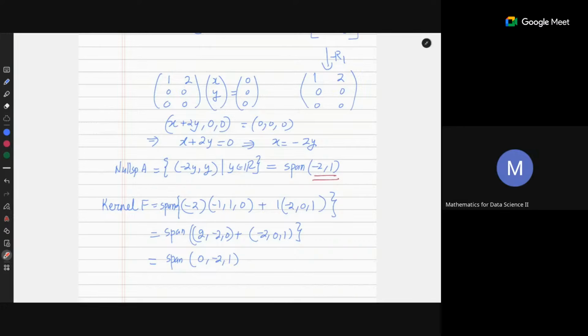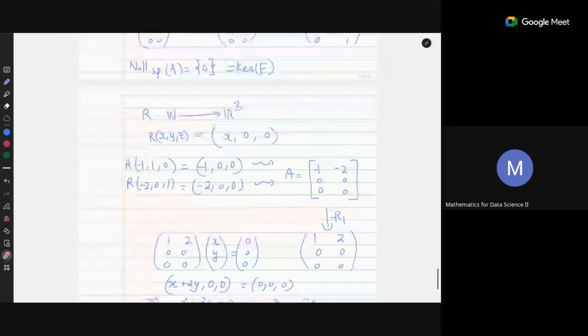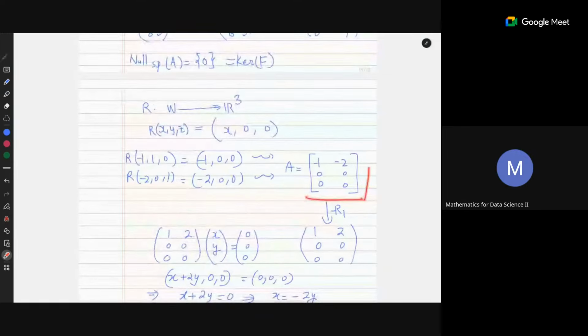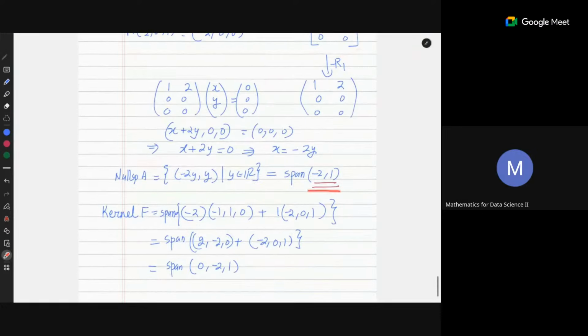Now, what is the algorithm that you see here? First, we need to find the matrix that represents your linear transformation. Then you find the null space of the matrix. At the end, you will get a basis of the null space. Those are not the basis of the kernel of the linear transformation; those are the coordinates.